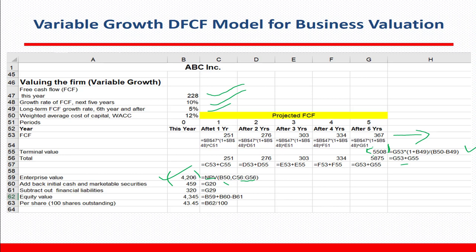Once you have this enterprise value, you can add cash and marketable securities, subtract your total debt, and you get the equity value. If you divide this equity value by the number of shares, you get the stock price per share. All right, thank you.